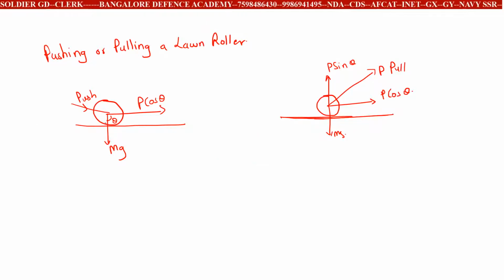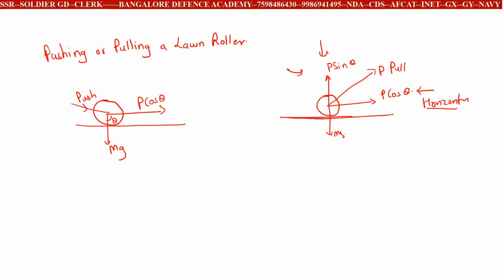Okay, so what happens when we push a lawn roller? The force applied P has one component, P sin theta, in the vertically downward direction, and another component, P cos theta, in the horizontal direction. So here this is the horizontal direction force, and this is the vertical direction force, P sin theta. Keeping this in mind, you need to solve some questions. When we push, the component P sin theta adds to the weight, thereby increasing the normal reaction.